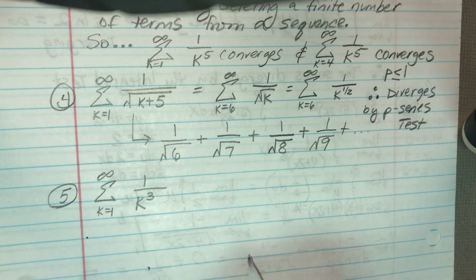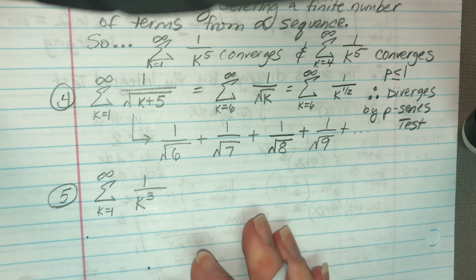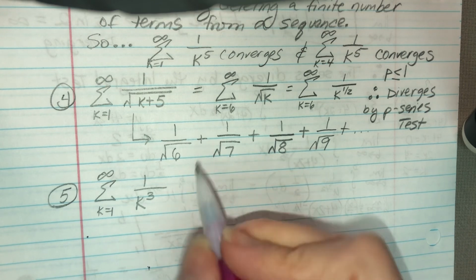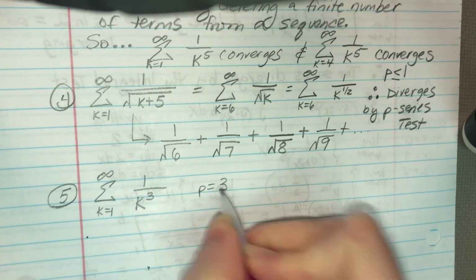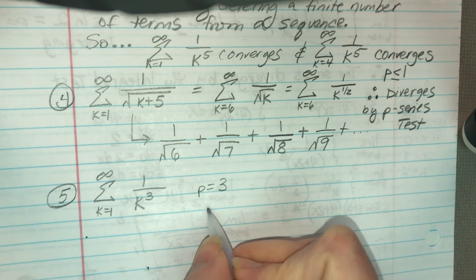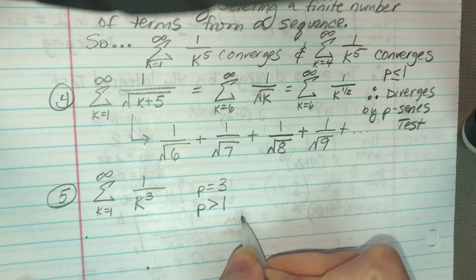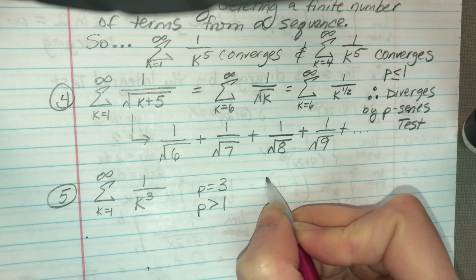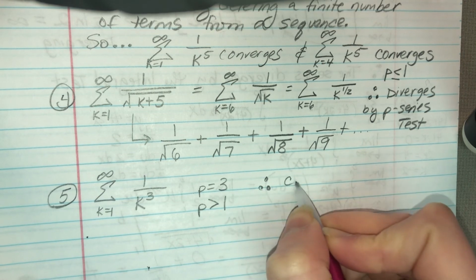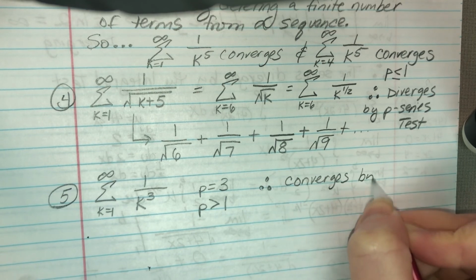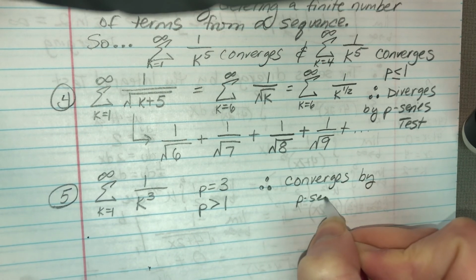Well, this looks like a p-series to me. What do you think? It has the form 1 over k to the p power. The p-value is equal to 3. So this p-value is greater than 1. So this means that the series, therefore the series converges by the p-series test.